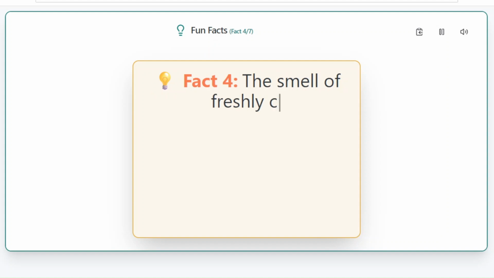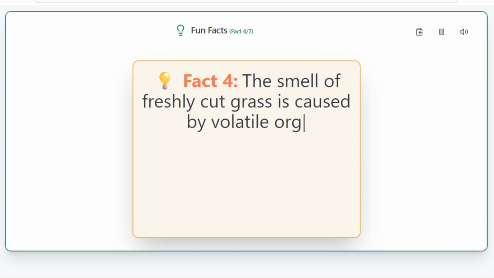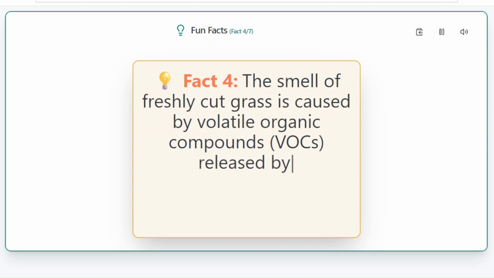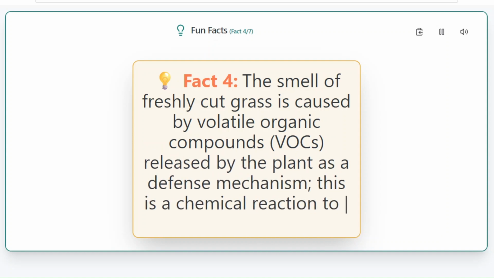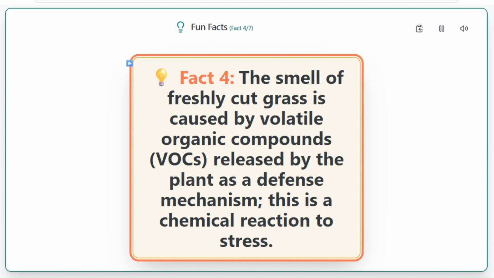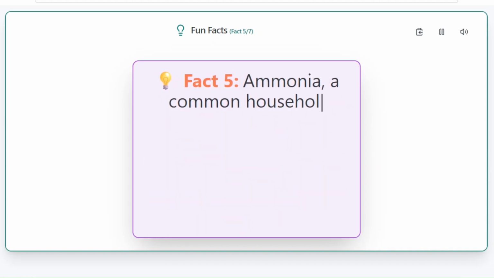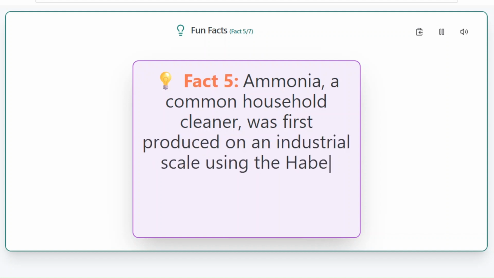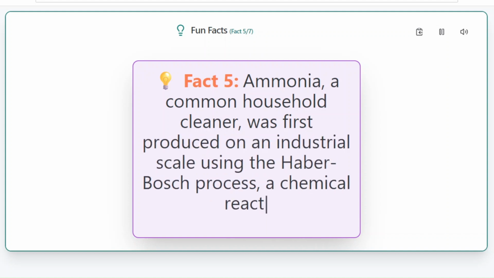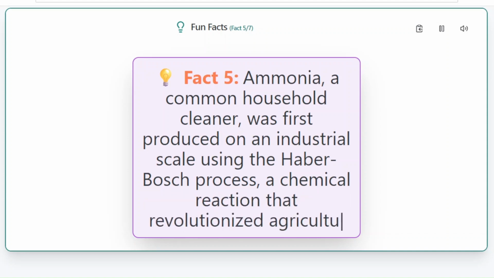The smell of freshly cut grass is caused by volatile organic compounds, VOCs, released by the plant as a defense mechanism. This is a chemical reaction to stress. Ammonia, a common household cleaner, was first produced on an industrial scale using the Haber-Bosch process, a chemical reaction that revolutionized agriculture.